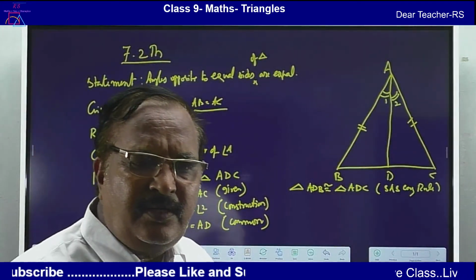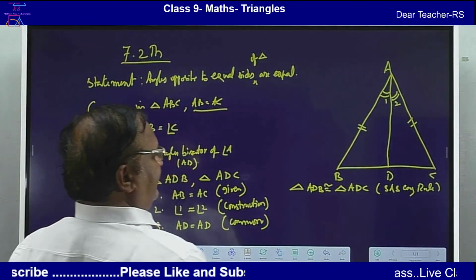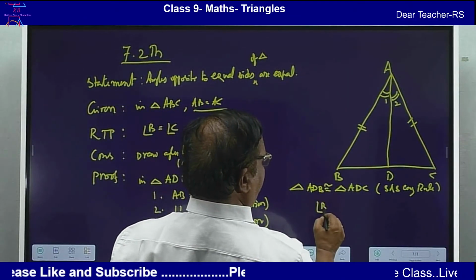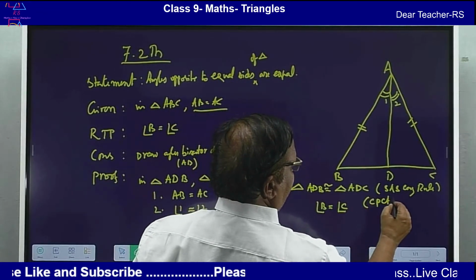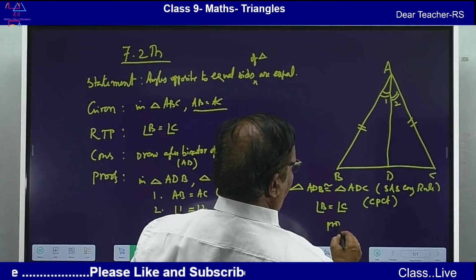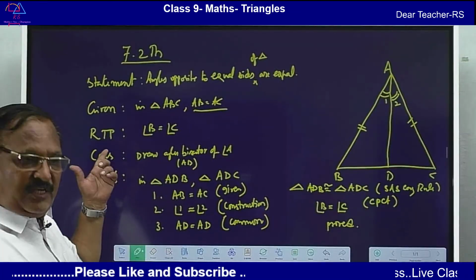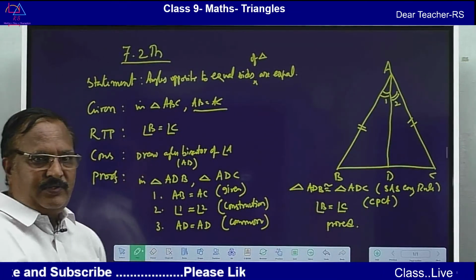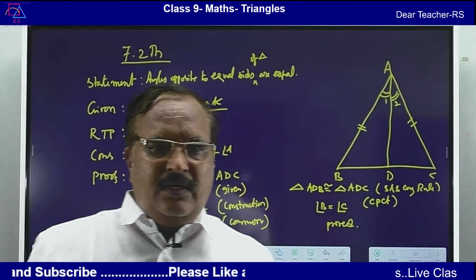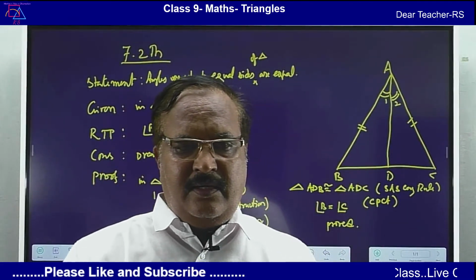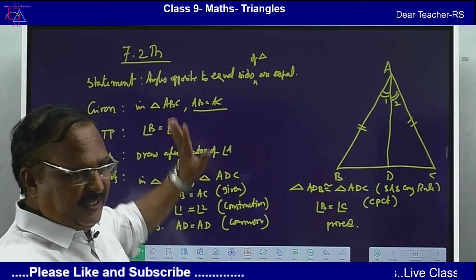So then by CPCT, angle B is equal to angle C. So this is what we wanted to prove. RTP means required to prove: angle B is equal to angle C. Okay. So this is the proof of the 7.2 theorem.